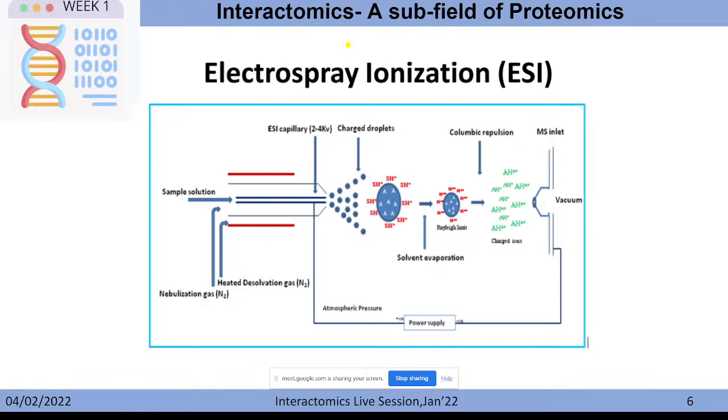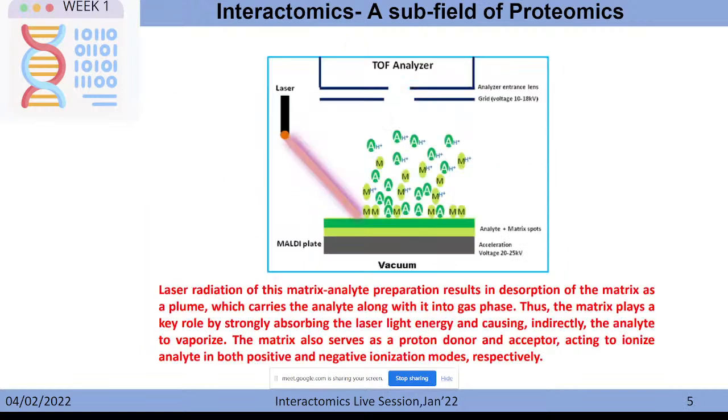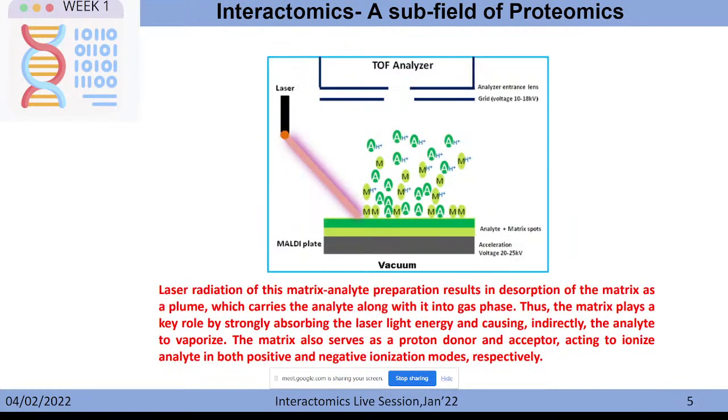So this is one thing. I think there is no doubt regarding it. There are different mass analyzers and different ionization techniques. You need to understand what kind of ionization technique you will use for your particular material, because that can hugely impact your sample and what you are identifying.